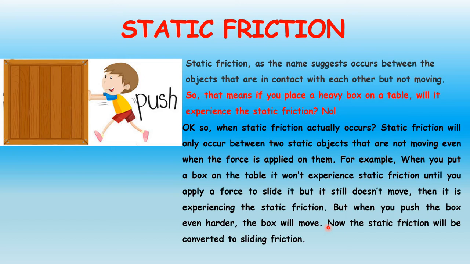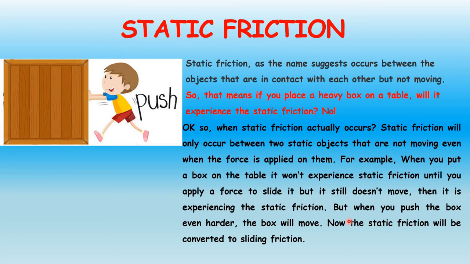Again static friction is there in the picture. Static friction opposes your applied force. Then you increase the amount of force you are applying. Then the table starts moving. The minute the table starts moving, the static friction will be changed into sliding friction.